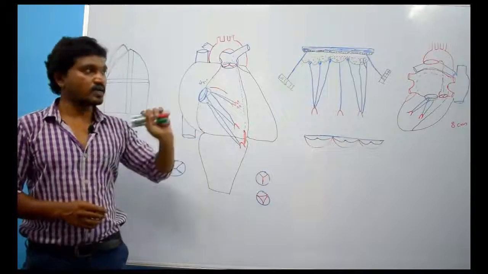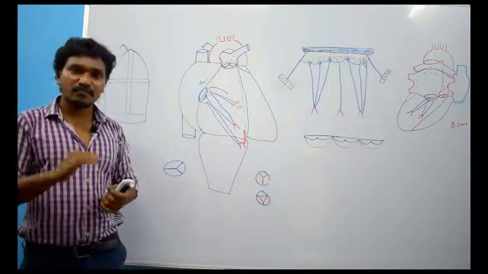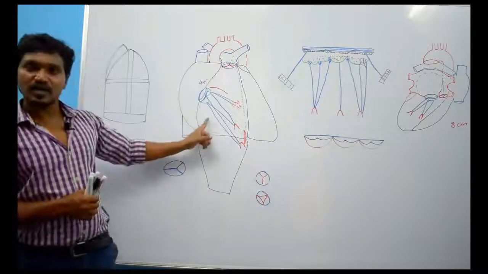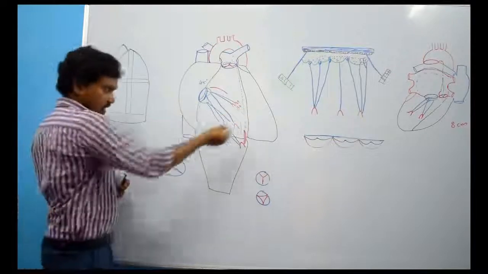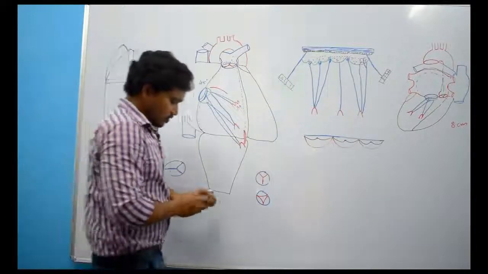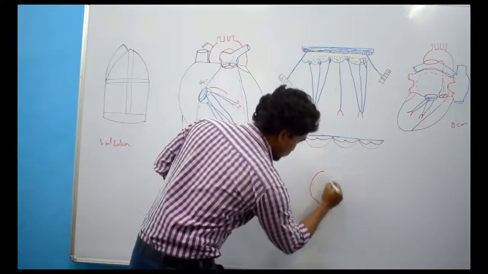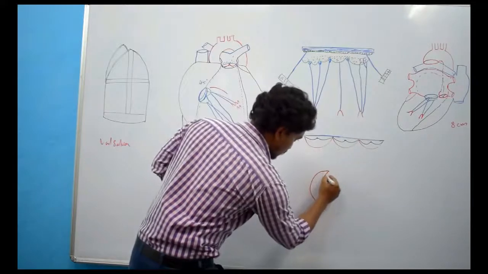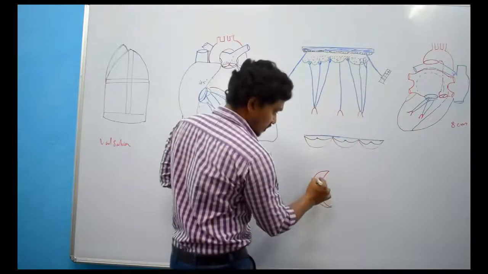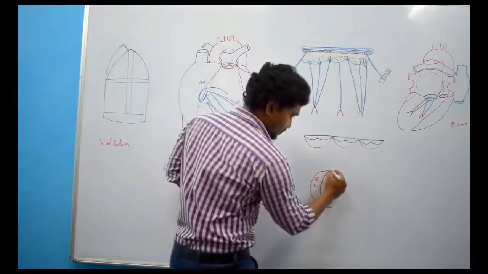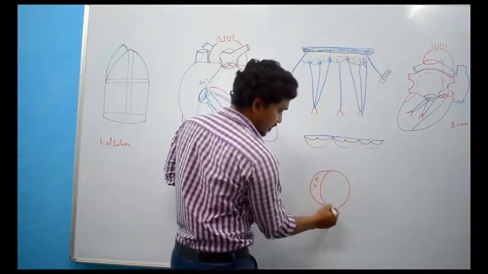Left atrium and left ventricle. Clear? Then what is the difference between the cavity of the right ventricle and the cavity of the left ventricle? When you take a section along the cavities, you can observe a structure like this. This is the right ventricular cavity, and this is the left ventricular cavity.